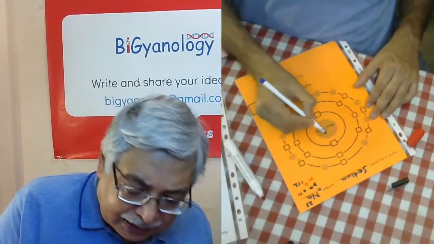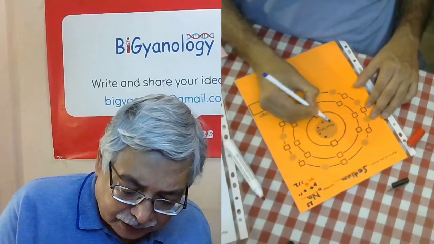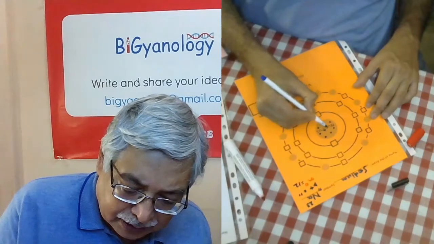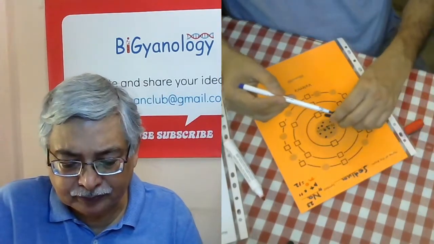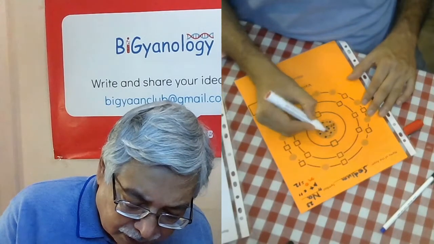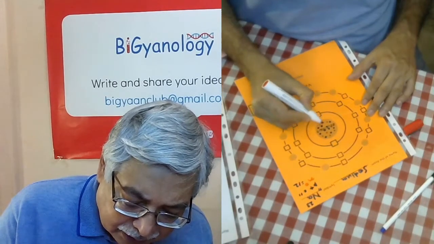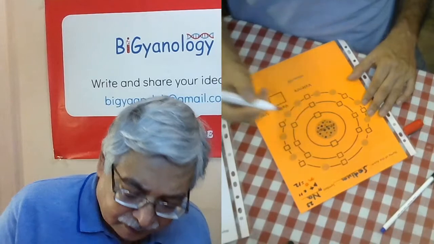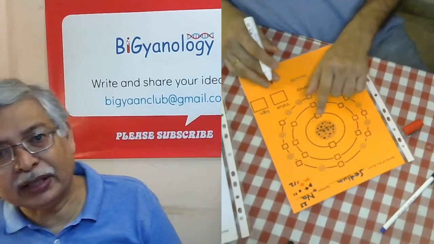Now they can simply put on the nucleus 1, 2, 3, up to 11. So these are protons, and they can put neutrons 1, 2, 3, up to 12. So this also they can do.